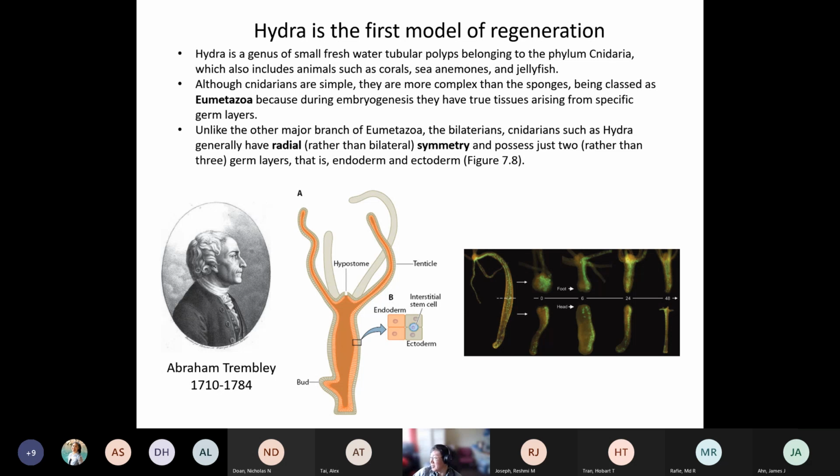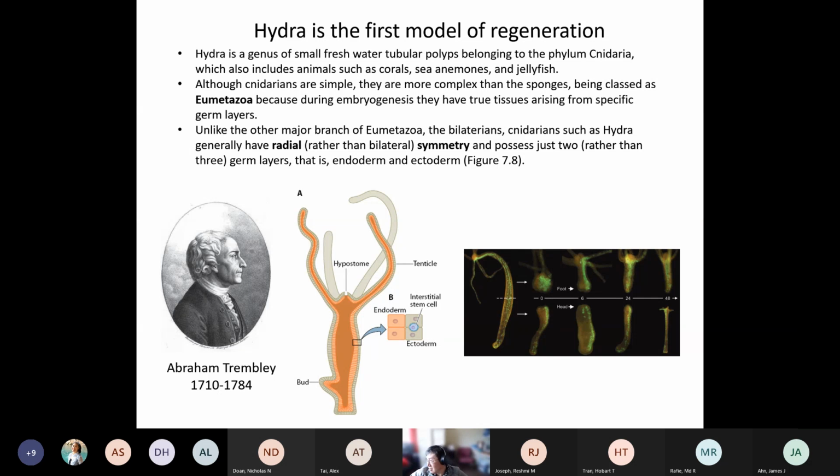Of course, we don't have his study here. What's shown here to the right is the regeneration by modern scientists. Basically, you cut in the middle, and then the top, the head part, can regain the foot and get re-anchored, because after your amputation the top is now floating.